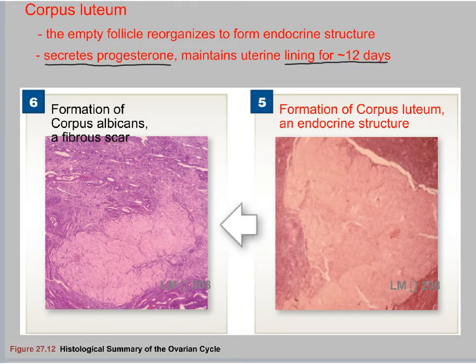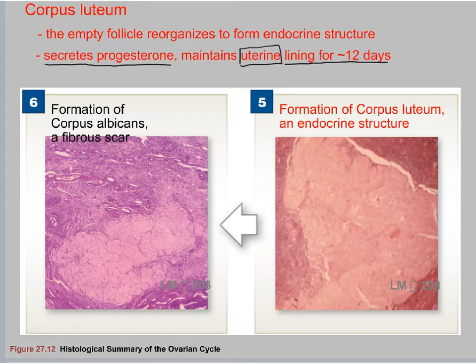And that's because, assuming that the oocyte that has just been released gets fertilized, the progesterone ensures that the uterus, where the fertilized egg implants, is at its thickest and can accept a fertilized egg.